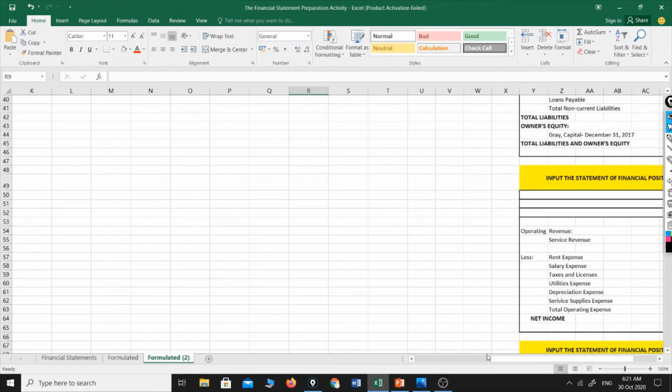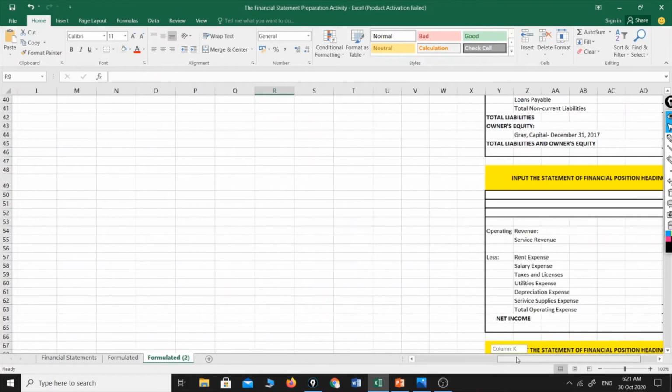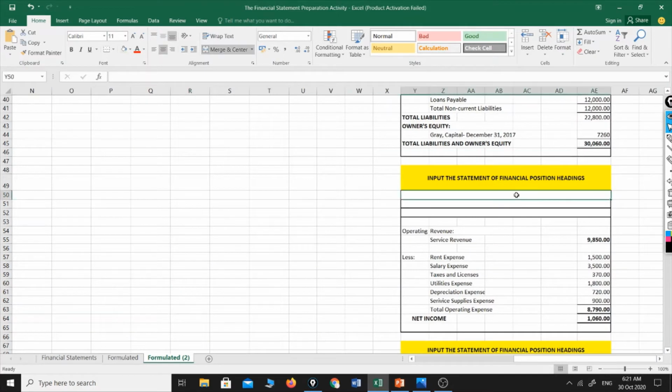So let's make a heading for our income statement. So this is Gray Electronic Repair Services. Next line, what specific financial statement is this? So this is an income statement. Okay, next is for the year ended.